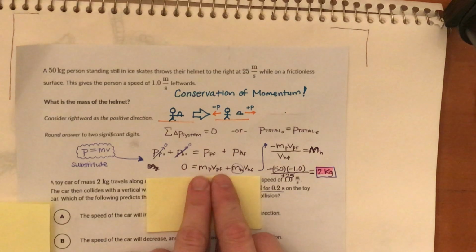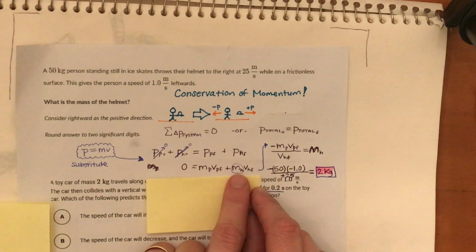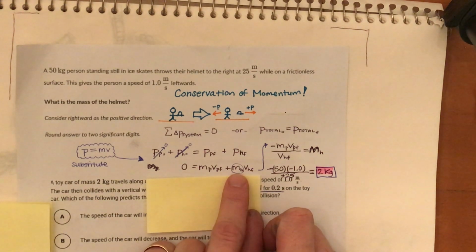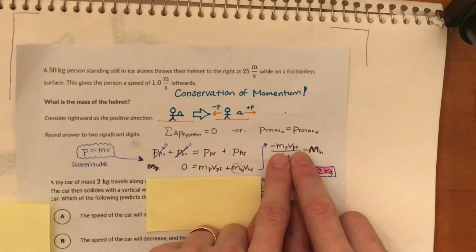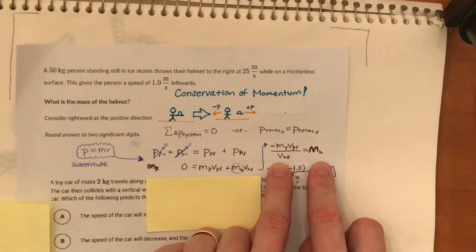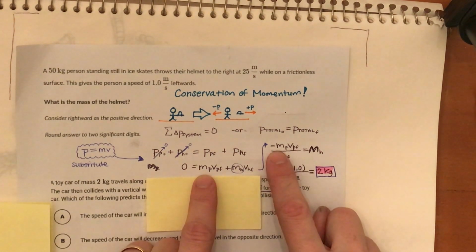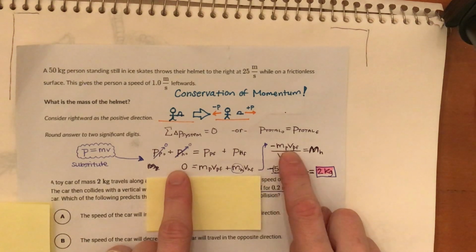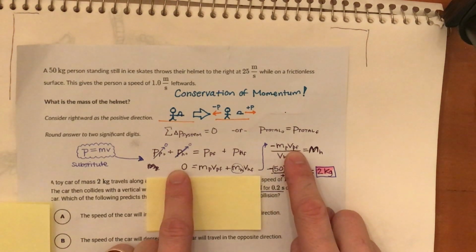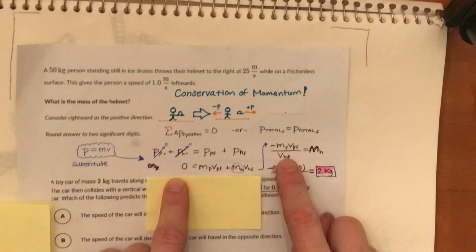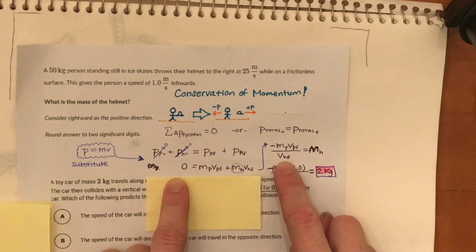And that's going to move this term to the other side. And then to separate the mass from the final velocity of the helmet, we have to divide. And so that's ultimately going to create what we have over here. The mass of the helmet is equal to, because we subtracted, negative times the mass of the person times the final velocity of the person, divided by the final velocity of the helmet.